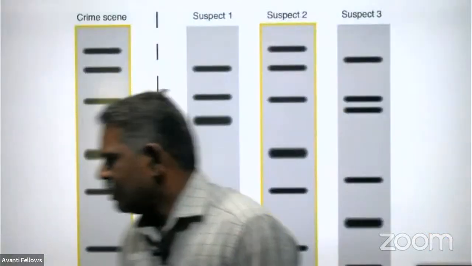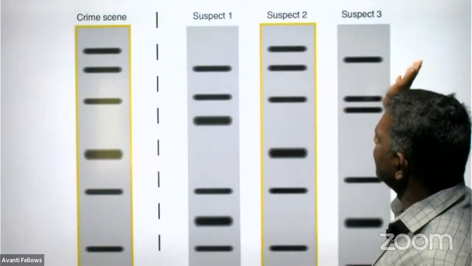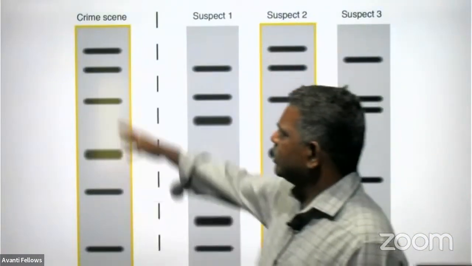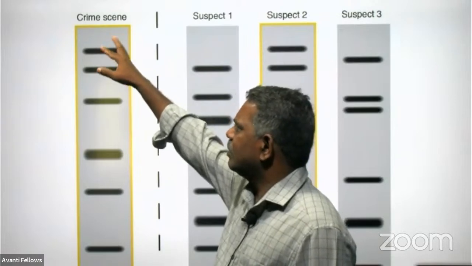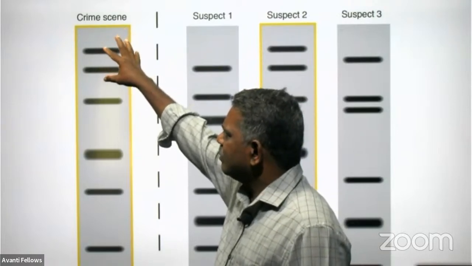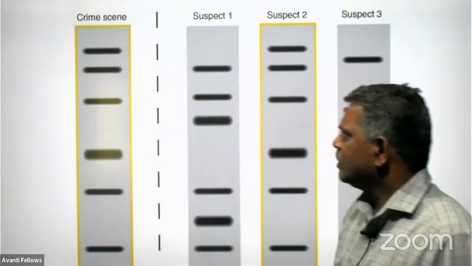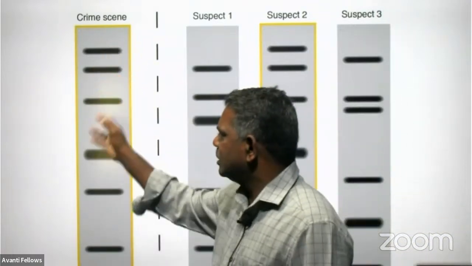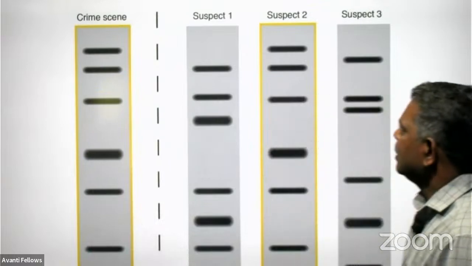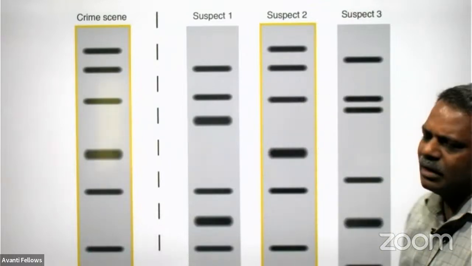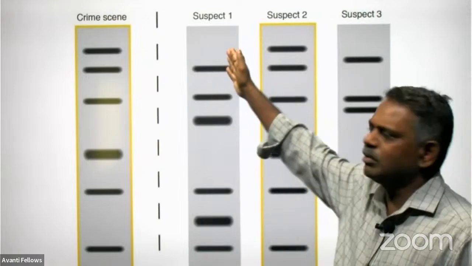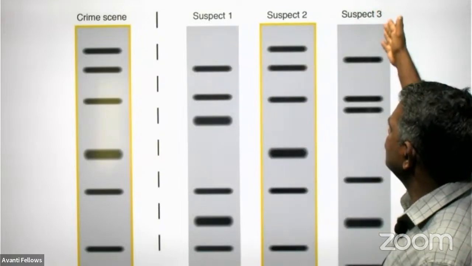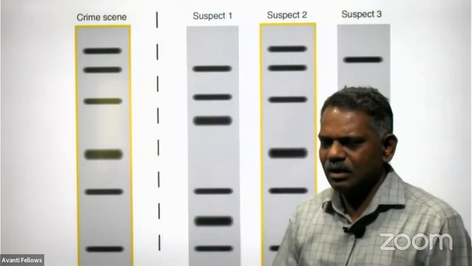These markings appearing on the X-ray sheet are called autoradiography. Now to compare, this is the fingerprint taken from the cell collected from the scene of crime. You can see the banding pattern here. After investigation, normally they suspect many people. This is suspected person number 1, number 2, and number 3.